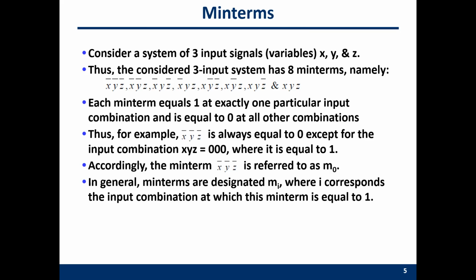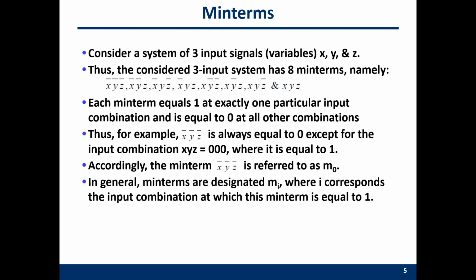So we can write one minterm and then provide an index to it. The index value also corresponds to the combination of x, y, z. For example, if this minterm is x bar y bar z bar, only when x, y, and z are all zeros does it equal 1.